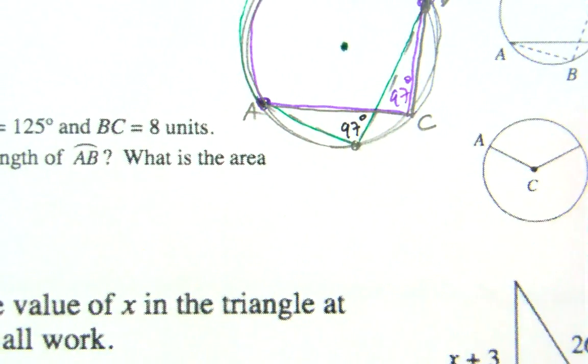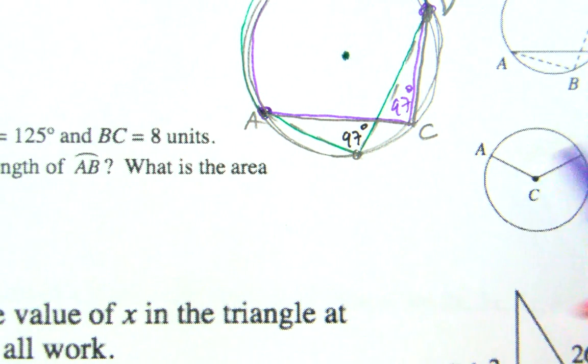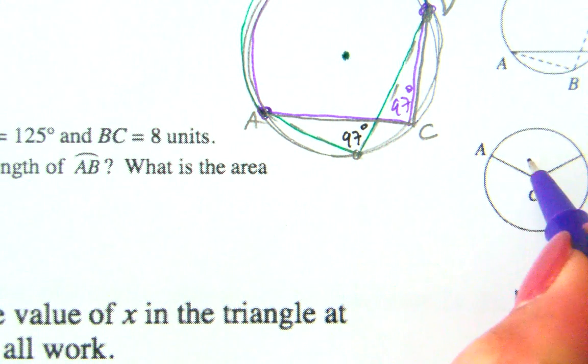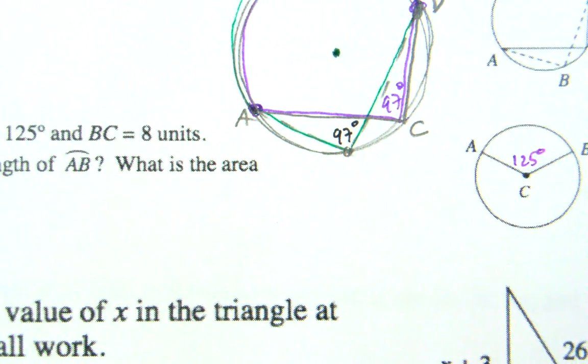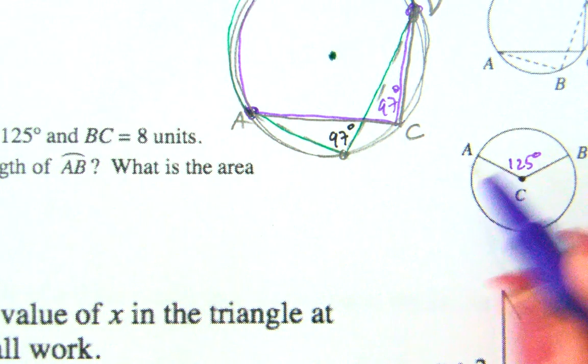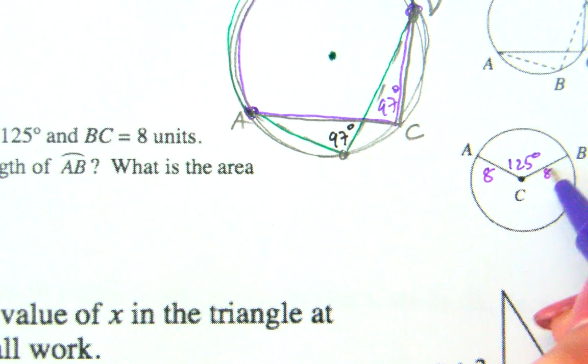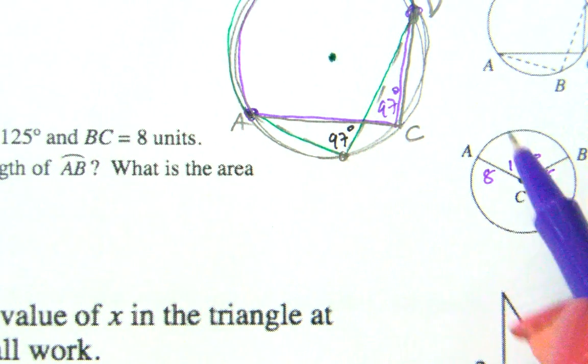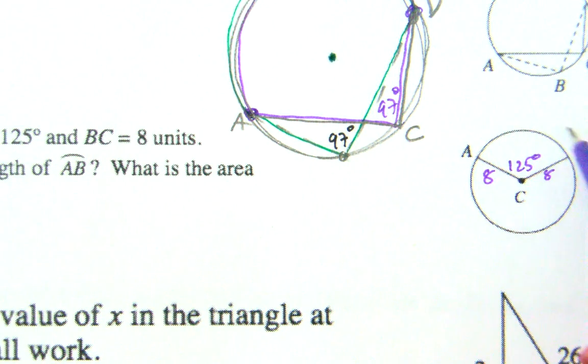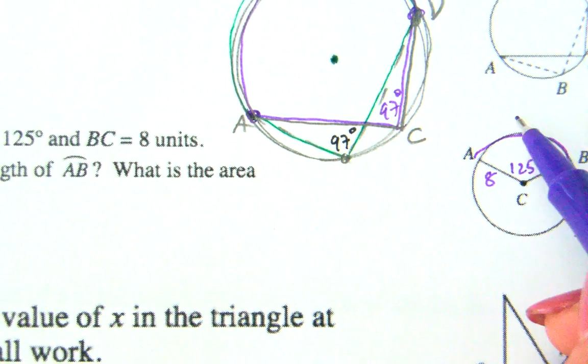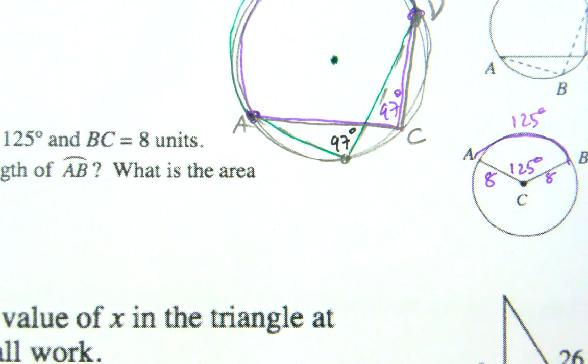All right, circle C. At the right, the measure of angle ACB is 125 degrees. And BC is 8 units, so that means AC is 8 units. What is the measure of AB? Well, it's the same thing. It's 125. That's the central angle. And then the length of AB.